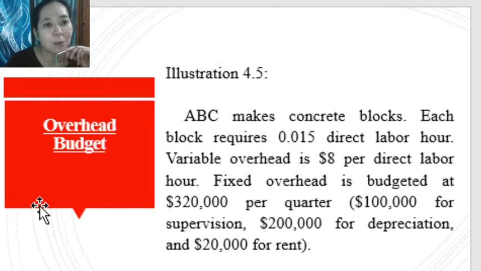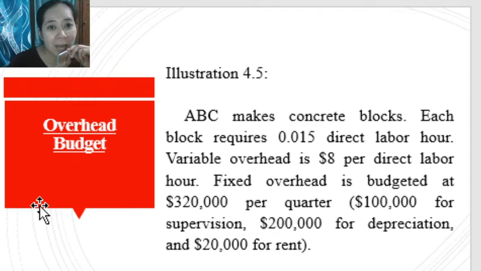Normally, in terms of overhead, we can base the rate on the underlying variable of production like direct labor or even materials. In this illustration, our basis for the variable overhead is the direct labor hour.